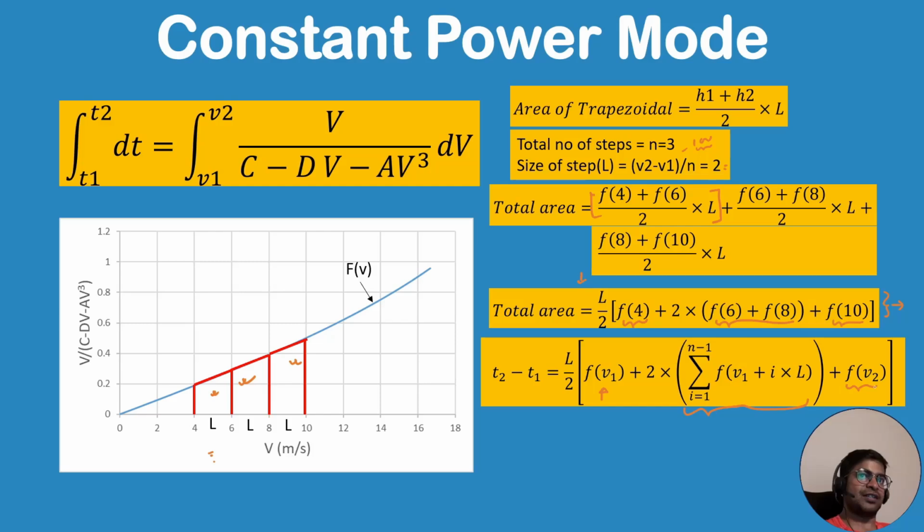And if we calculate this way, we will be able to get the net time required to go from v1 to v2 in the constant power region, and we are going to utilize this formula for calculating the time. Now let's go back to the Excel sheet.